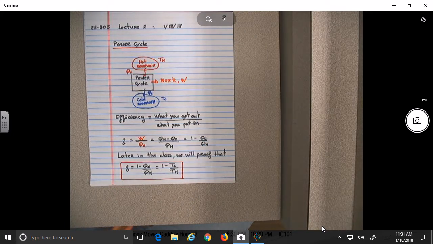So whatever power you can get is going to depend on the difference of the temperature between those two reservoirs. For example, if you want to remove a lot of heat from your car, it's going to be easier if the water is cold, no? That's why you have a fan that is trying to remove the heat as fast as possible, no? From the water. All right?